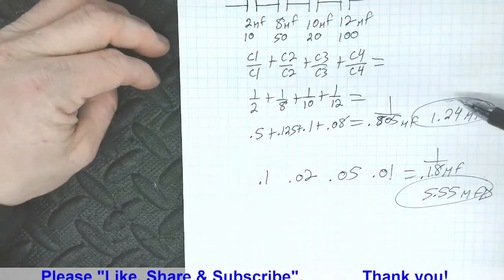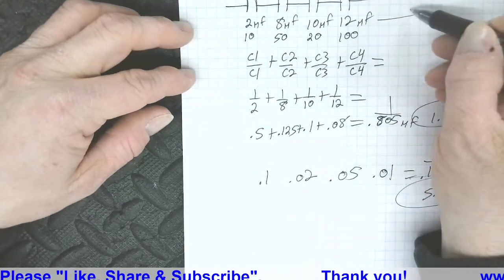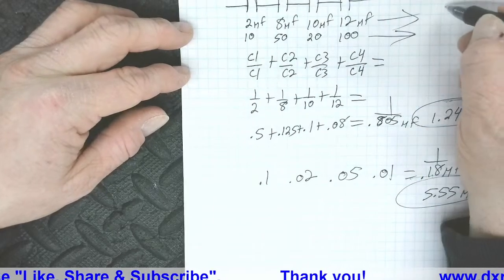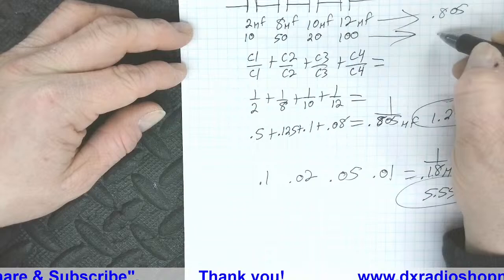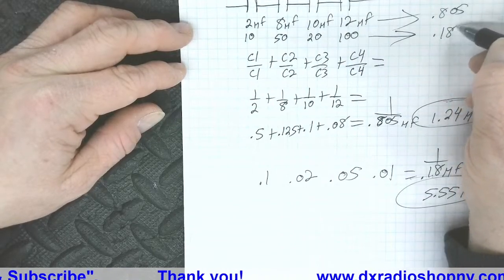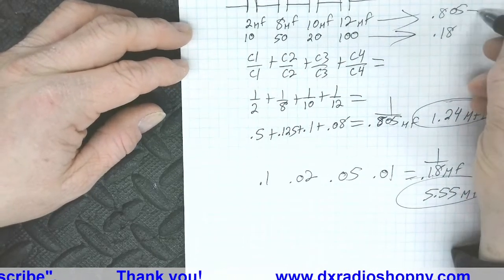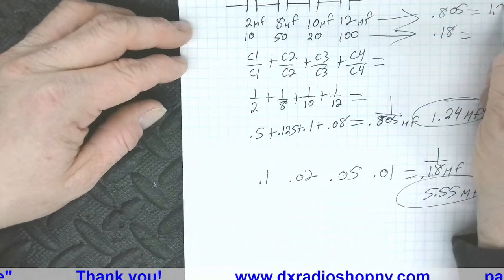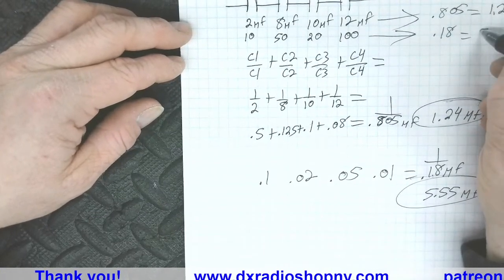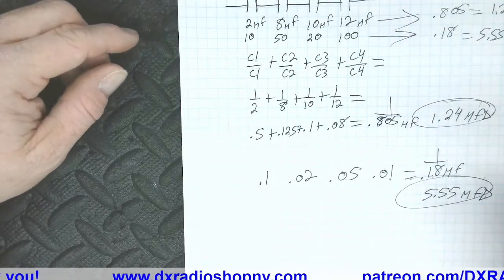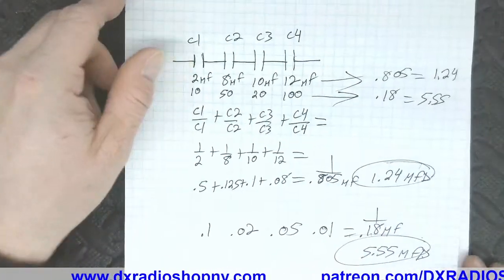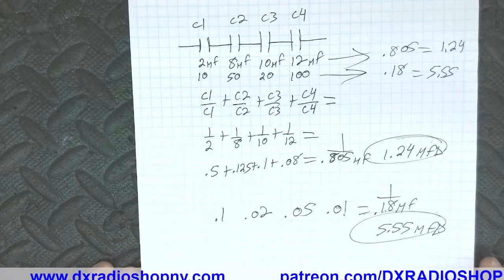We changed up the values a little bit between this one, which was 0.805, and this one here, which was 0.18. So that's giving you 1.24 and 5.55 microfarads. Okay, so that gives you an idea as to how that goes.